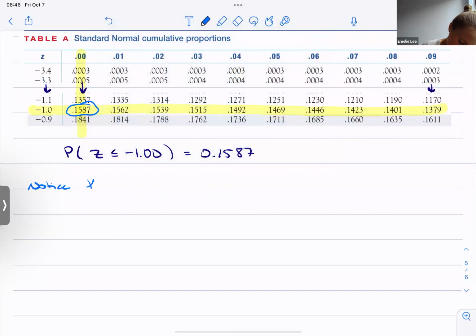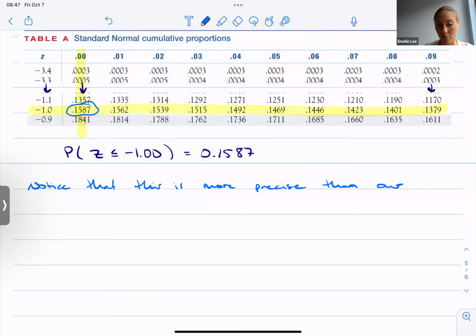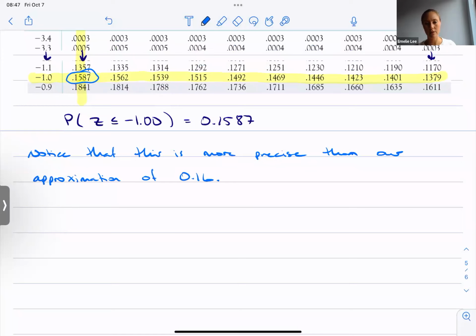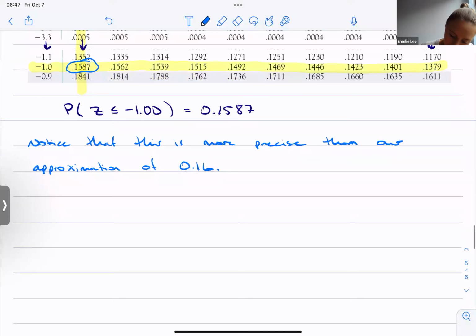Notice that this is more precise than our approximation of 0.16. But 0.16 is really close, and it's still a good approximation.